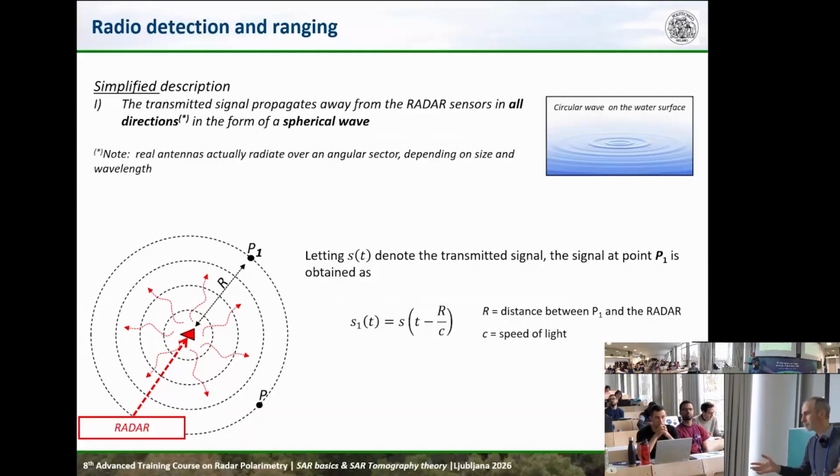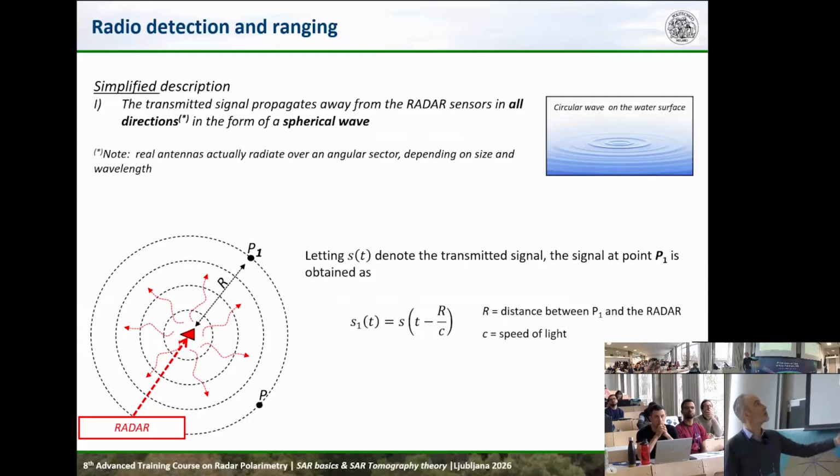And so how to explain a radar in purely geometrical terms? Well, let's say that you produce a wave. So this is your radar. Let's say that this wave goes everywhere around.